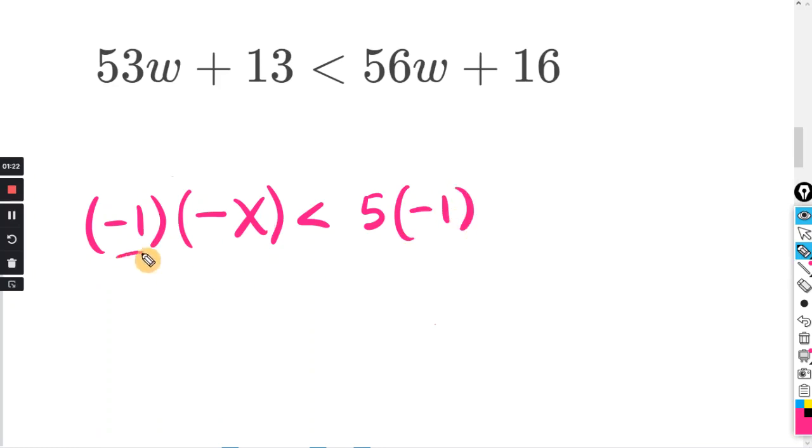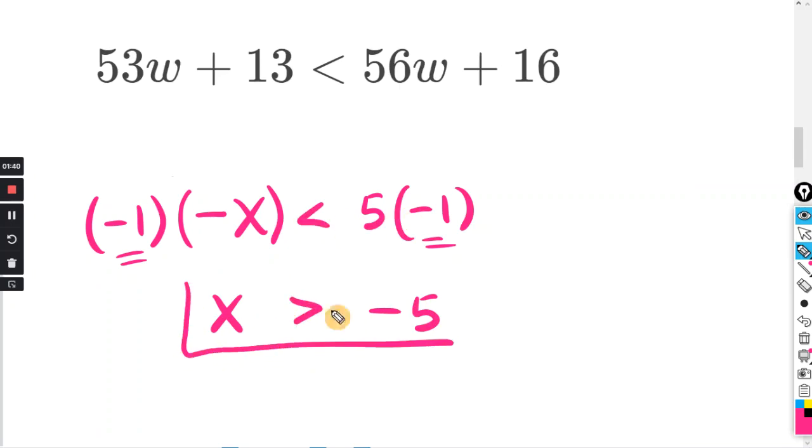I just did the same thing to both sides. -1 times negative x is positive x. 5 times -1 is -5. And now instead of the inequality symbol pointing to the left, we make it point to the right. So that would be your answer. If you multiply or divide both sides by a negative, make sure you switch the inequality symbol.